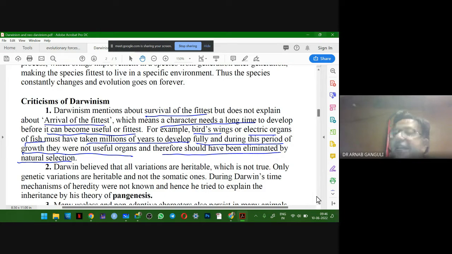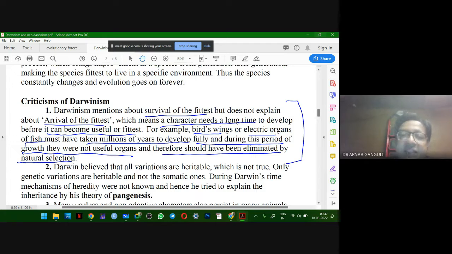So by trying to jump, generation after generation, that particular character of a wing developing will take several generations. So in these several generations, this particular wing, or the electric organ of fish, will not be a perfectly developed organ that is going to give you the selective advantage.